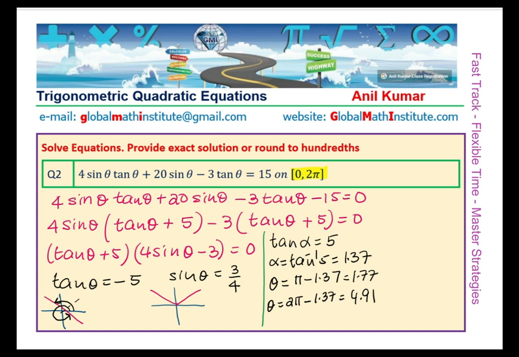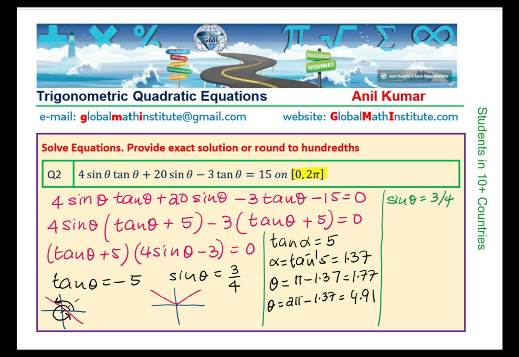Now let's find the other two answers from the second factor, which is sine theta equals 3 by 4. Now 3 by 4 is positive, so we can find angle alpha. Sine theta equals 3 by 4, so alpha equals sine inverse of 3 by 4. Let's use the calculator once again: shift sine inverse 3 by 4, and that gives us 0.848.